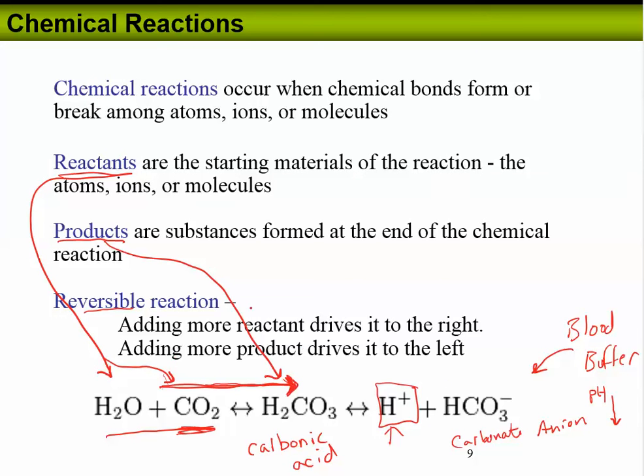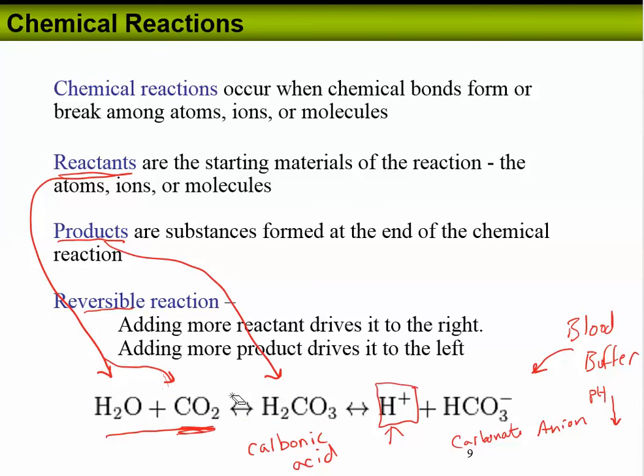It's a chemical reaction. The reactants are your starting materials. The products are what ends up, the substances formed at the end of the reaction. If you were to break this down into two reactions, we could say these are the reactants, this is the product.